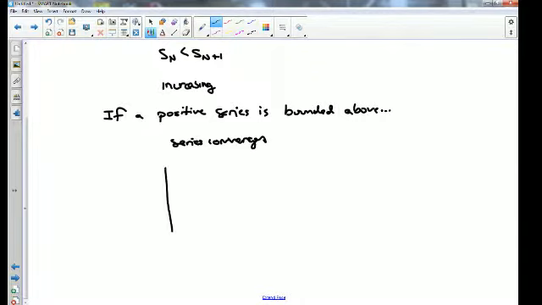Right, so again, the partial sums are bounded above. That means we are converging to some number, right? And if a positive series is not bounded above, what's happening?